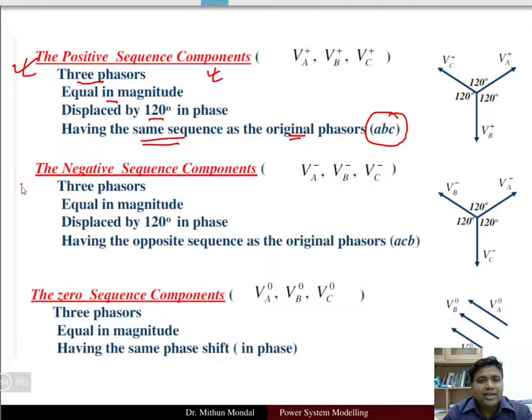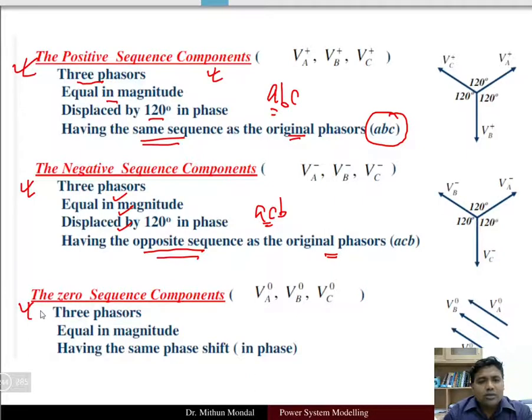In a negative sequence component, there are three phasors equal in magnitude and displaced by 120 degrees, however the phase sequence is opposite to the original phasors. That means if you have ABC as the phase sequence, here you will have ACB.